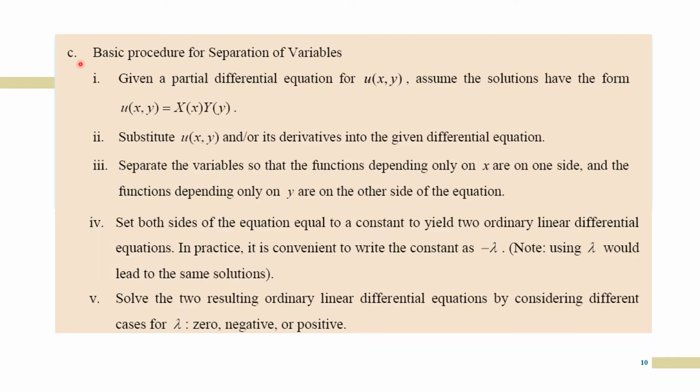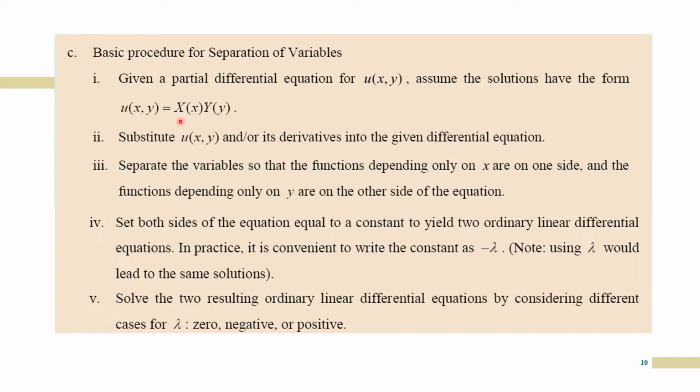The following is the basic procedure for applying the method of separation of variables. Firstly, we will be given the PDE, and we assume that the solution will be in the form of u(x,y) equal to X as a function of x multiplied by Y as a function of y.